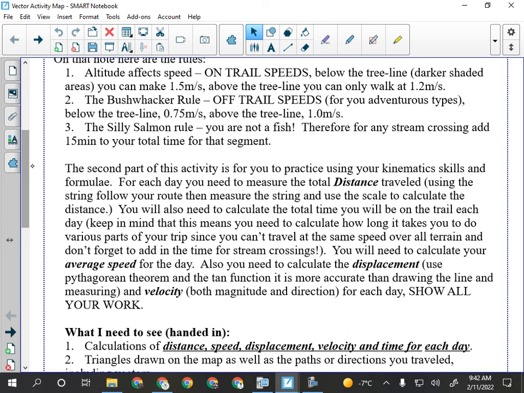So every day on the trail, from start to 1, that's day 1, you're going to have to calculate or measure the total distance, measure the total displacement, calculate the total time, calculate the average speed, calculate the average velocity. All right, 5 things for each day. And you are also going to do that for the entire trip. So day 1, day 2, day 3, day 4, day 5, and the whole trip.